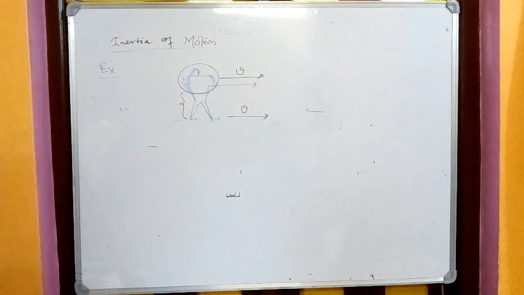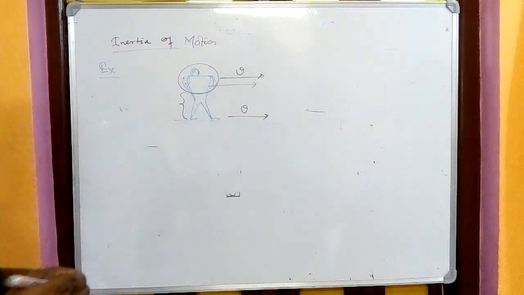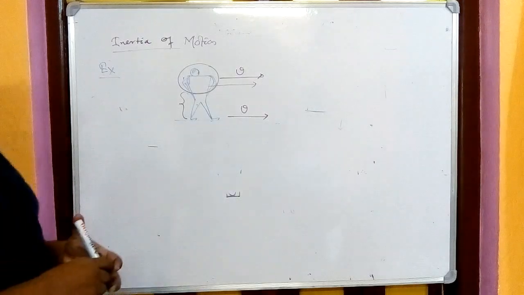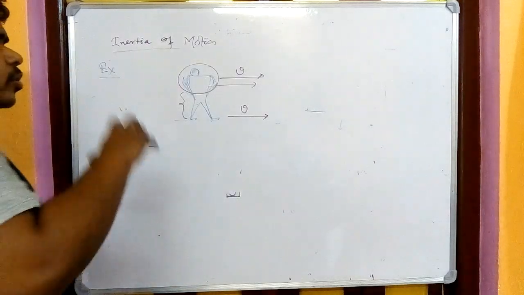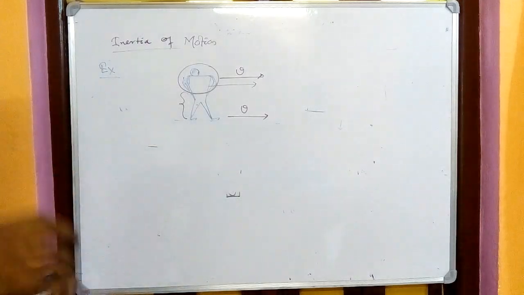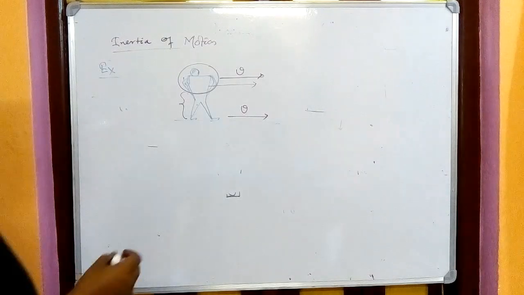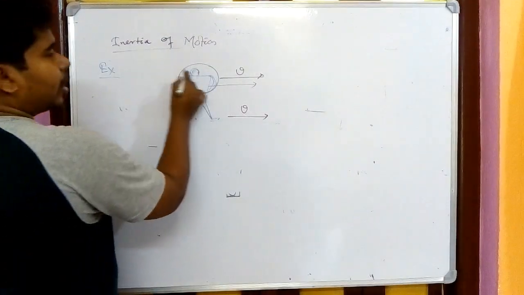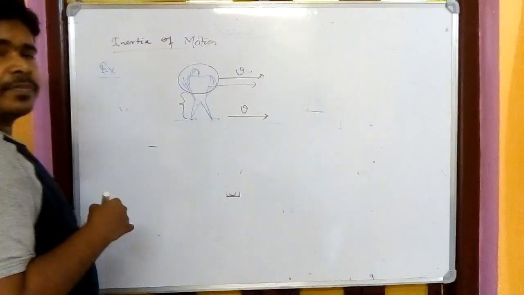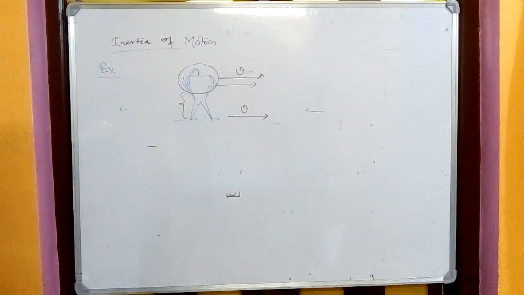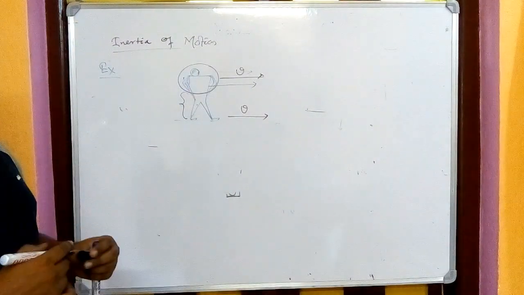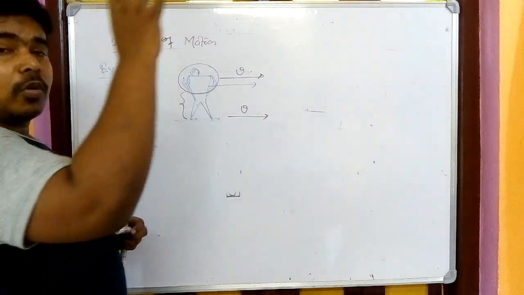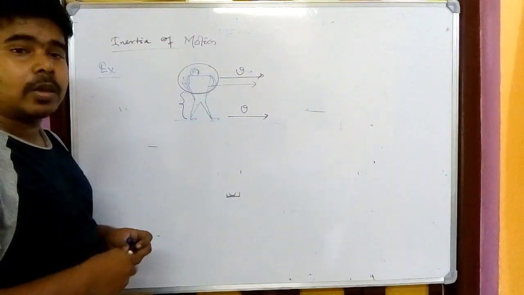We have learned what inertia of motion is. Inertia of motion is a property of a body by which a body which is in motion tries to stay in the same state. As it tries to stay in the same state, that's why it comes forward. Sometimes we have seen a person fall down in a bus if he is not holding the bar given at the top.